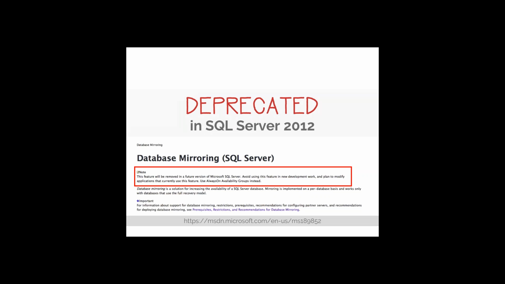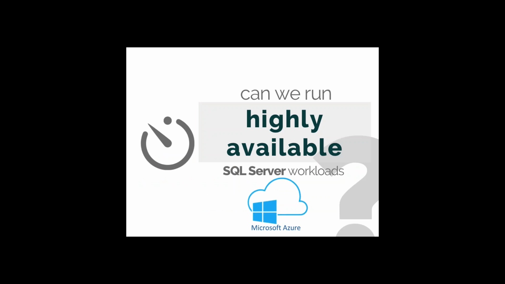And if you're running SQL Server in Standard Edition, you can go ahead and use that as a way to achieve higher availability and fault tolerance within SQL Server, whether it's on-premise or on the cloud, in this particular case on Azure. Now, the question is, can we run highly available SQL Server workloads on Azure? The answer is yes. It's really all about how much you're willing to pay for and how much you can afford.